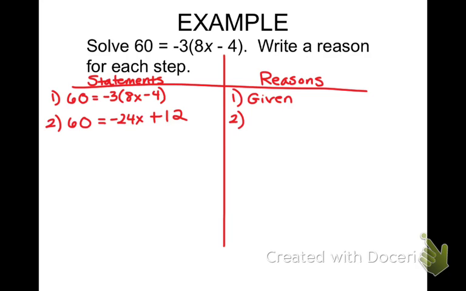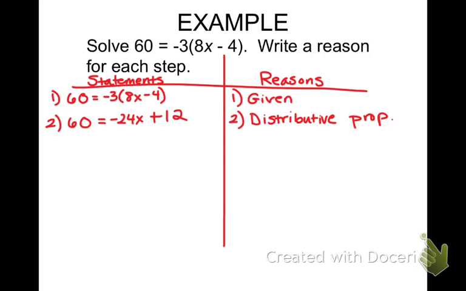So over here, I'm going to justify it with a reason, which is the distributive property. Now I do accept some laziness, but make sure you at least put the word prop after it. Don't just write distributive. Okay. If you want to write out the word property, feel free, but at least get prop in there so I know that you know it's a property.